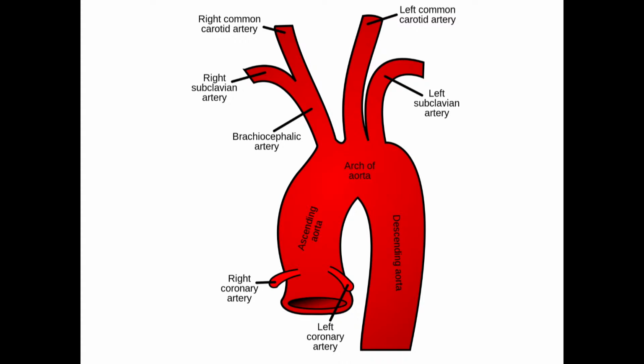Here we have the left ventricle, and from the left ventricle we have the aorta, the ascending arch and then the descending thoracic aorta that we already discussed, and we also discussed the abdominal aorta, right? And from the arch of the aorta we have the brachiocephalic artery, the left common carotid artery, and the left subclavian artery, right?